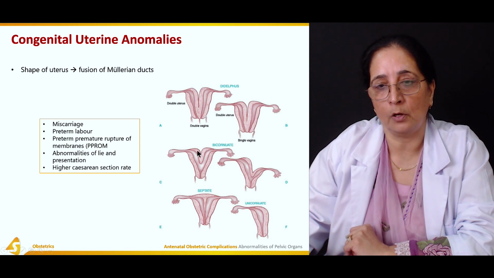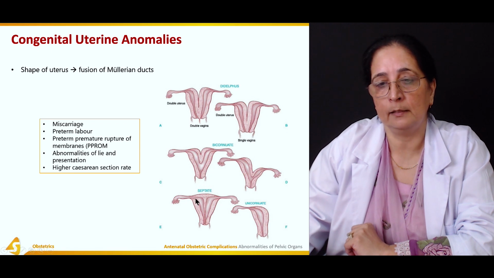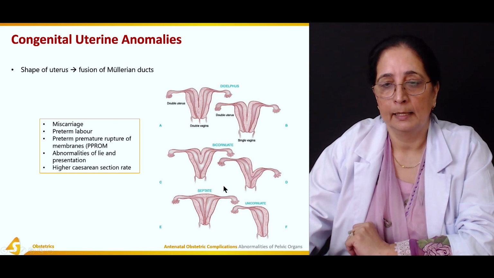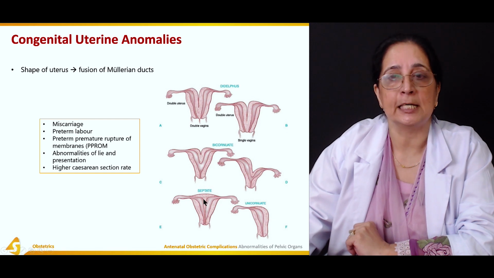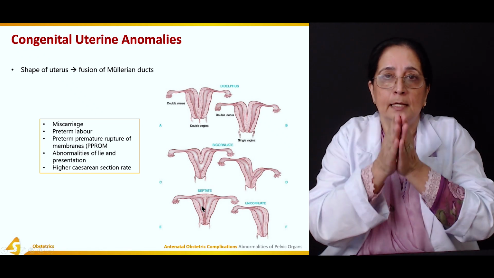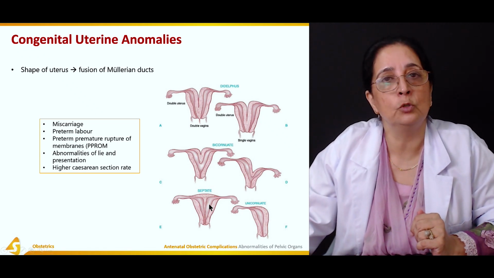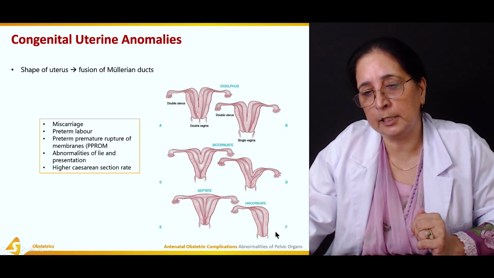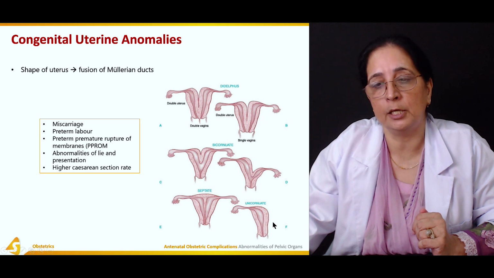There are two cornua of the uterus. Instead of a single cornua, there are two cornua. So it can be shaped like this or it can be shaped like this. So bicornuate uterus. The other condition is septate. In septate uterus, you can see this is the septum that divides the uterus into two halves. And then the fourth condition is unicornuate uterus.